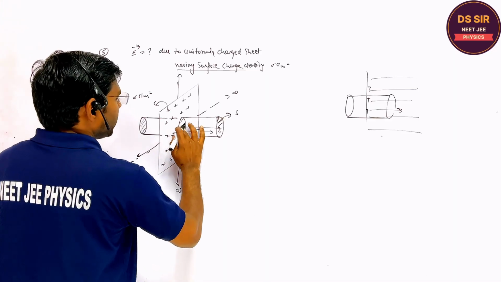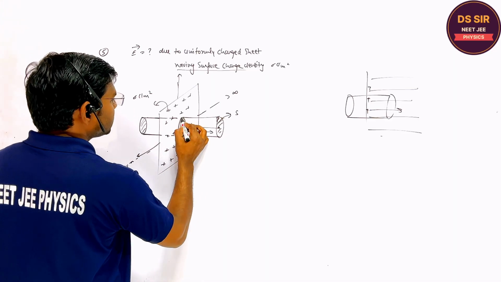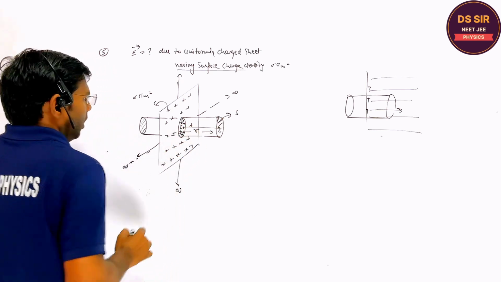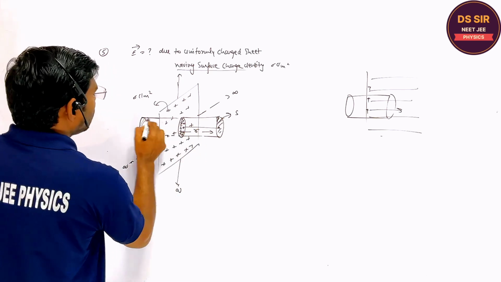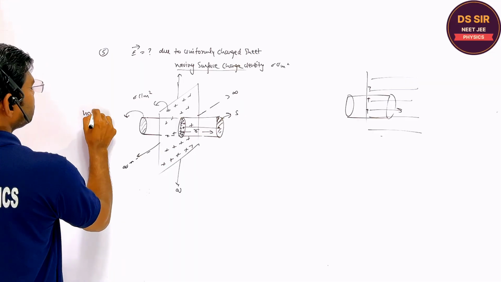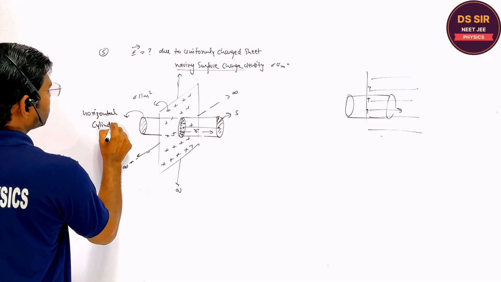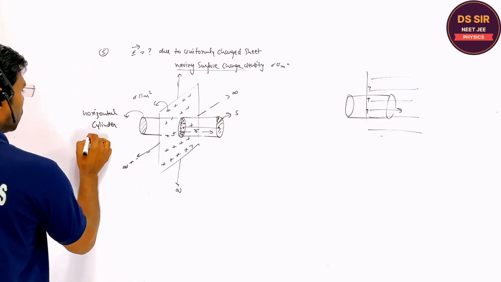Fine. So if you consider this is the area and this is the charge enclosed, this horizontal cylinder is the Gaussian surface.